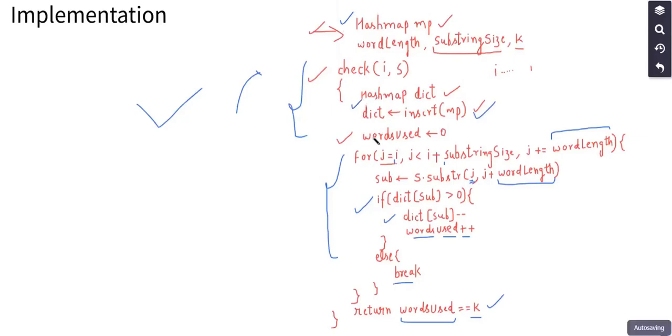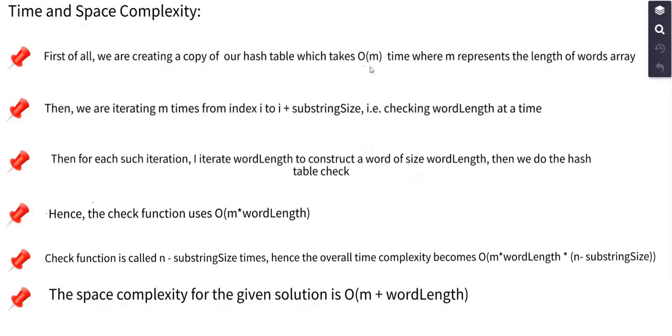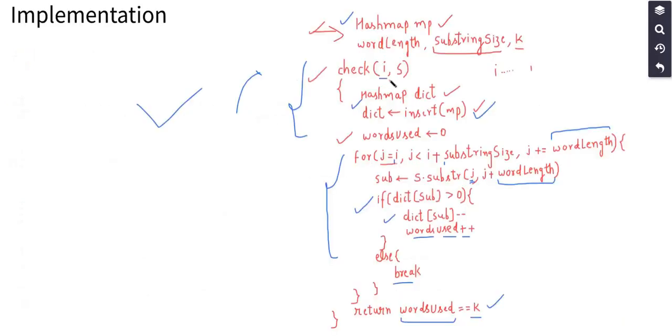It takes linear time of m, where m represents the length of the words array. Then we are iterating starting from index I that we passed in the check function. So here we passed I and we are iterating from this I up until I plus substring size. That means we are iterating substring size times.